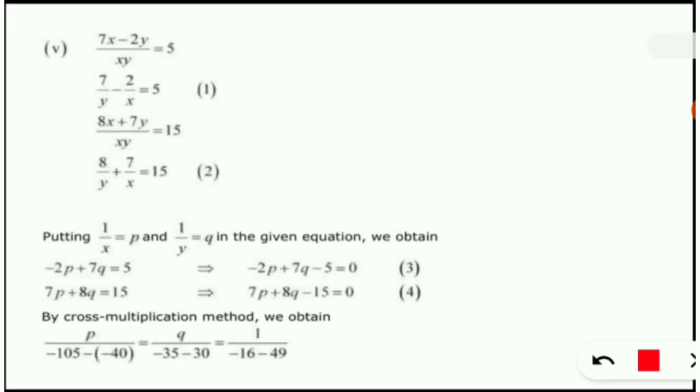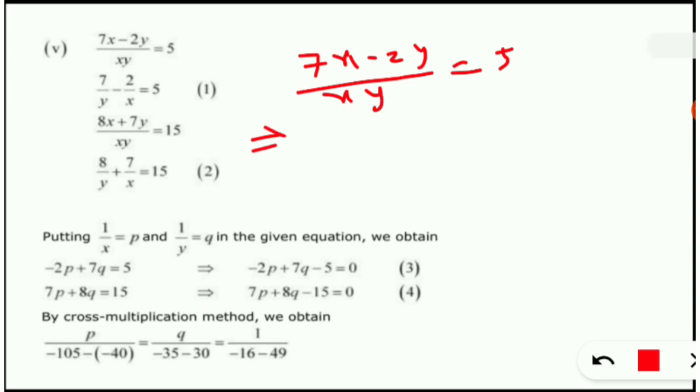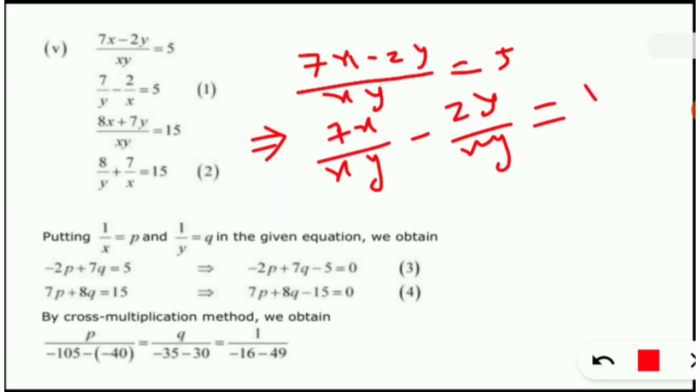So the first equation is (7x minus 2y) divided by xy equals 5. Now this can be written as 7x divided by xy minus 2y divided by xy equals 5.